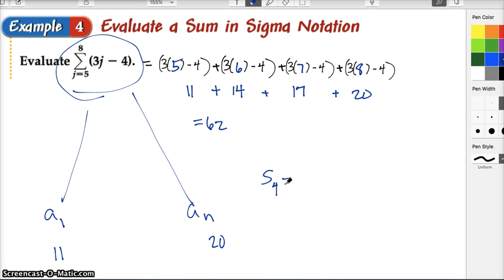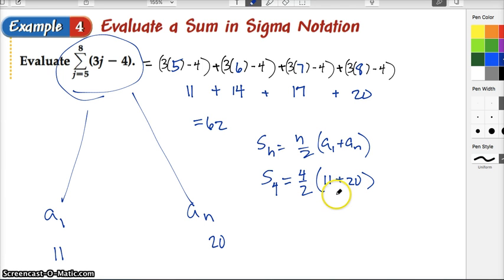S sub 4 has to be equal to 4 over 2 times the first and last term. Are you guys with me? Where is this coming from? S sub n is equal to n over 2 times a sub 1 plus a sub n. So if we continue with this, 20 plus 11 is going to give us 31. So we've got 31 times 4 divided by 2, and you guessed it, that's going to be 62.